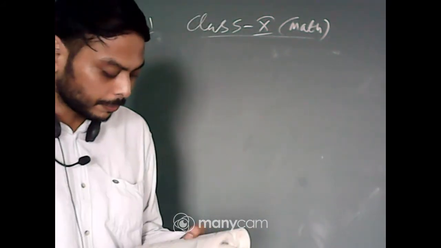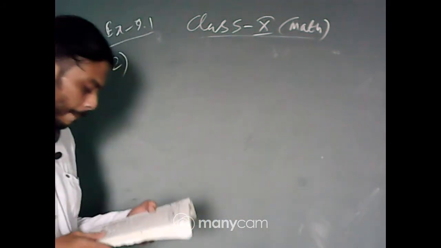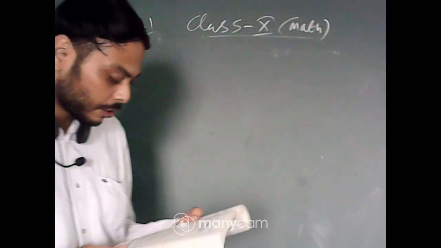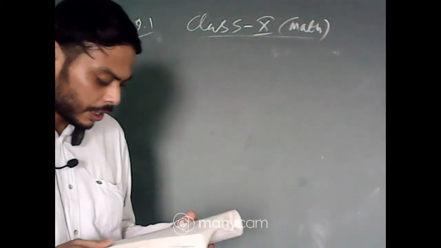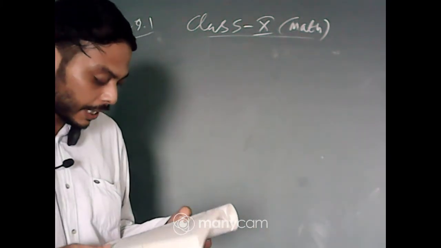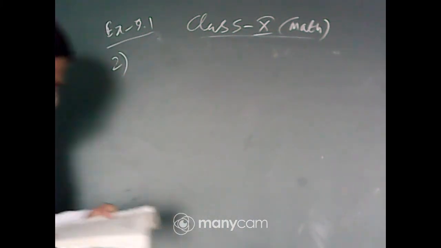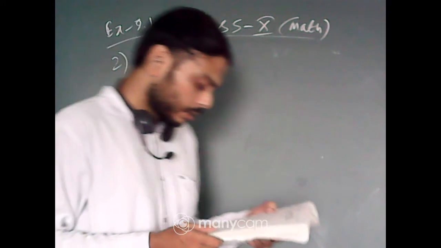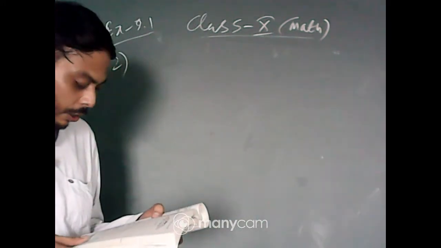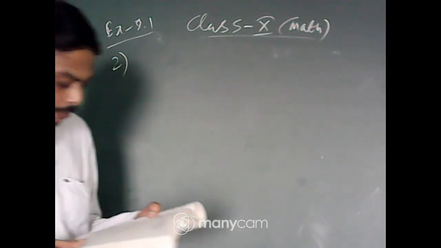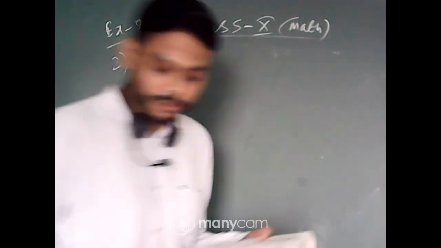Go through the problem. A tree breaks due to storm and the broken part bends so that the top of the tree touches the ground, making an angle 30 degree with it. The distance between the foot of the tree to the point where the top touches the ground is 8 meter. Find the height of the tree.